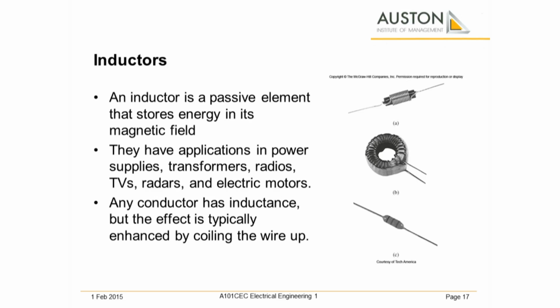Any conductor essentially has an inductance, but we can enhance the effect by forming a coil from the conductor. That is the reason why the symbol of an inductor is a coil of wire. We can find different applications of inductance in power supplies, in transformers, and in filter circuits like a capacitor.